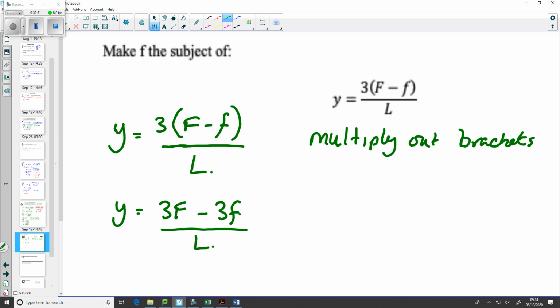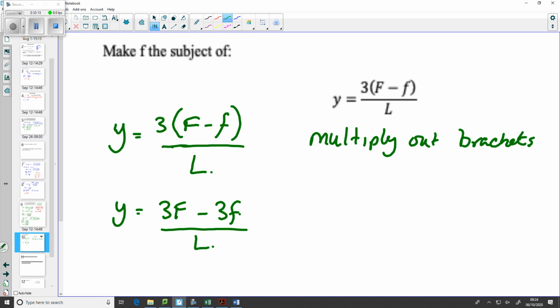Think about BODMAS in reverse. Normal way round, we have to do multiplication and division first.